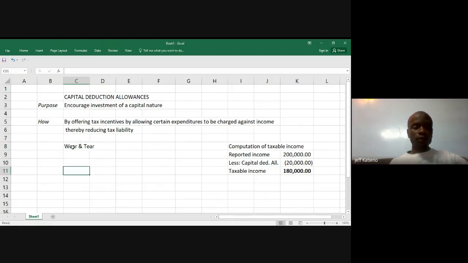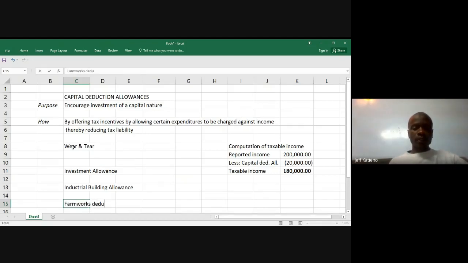Then we used to have investment allowance, then industrial building allowance, and then farm works deduction.